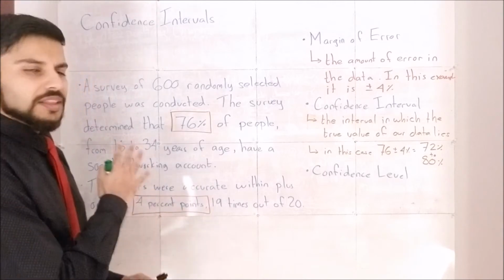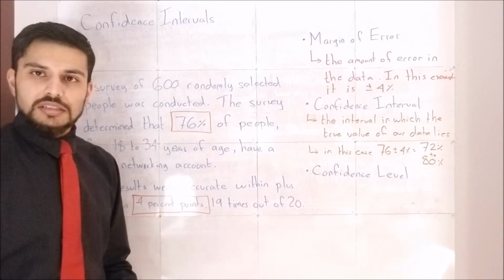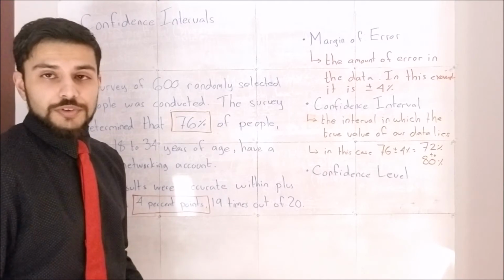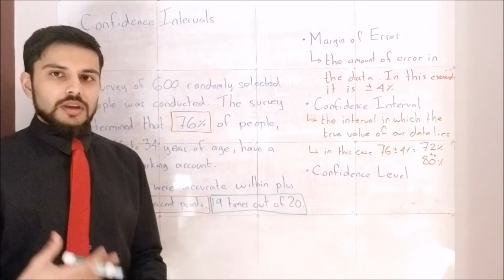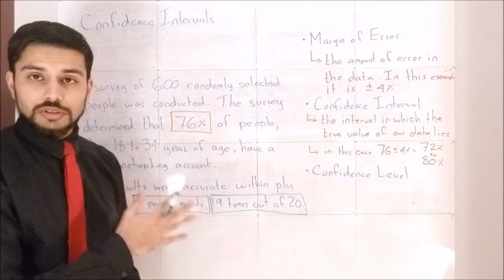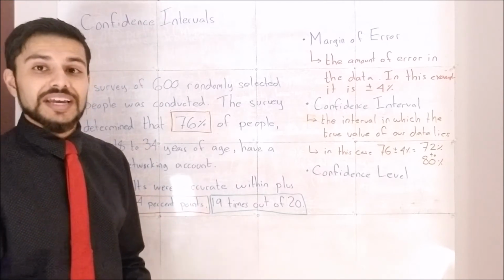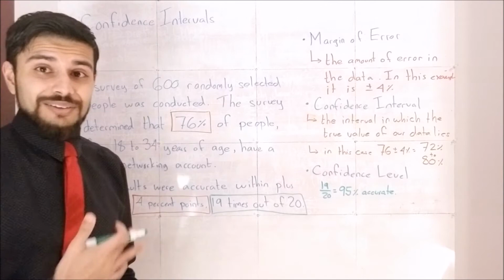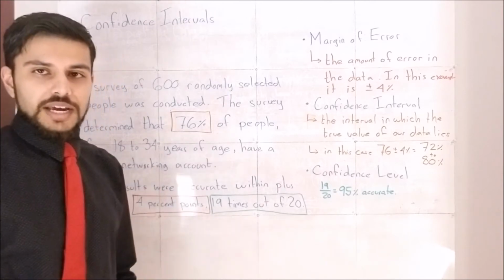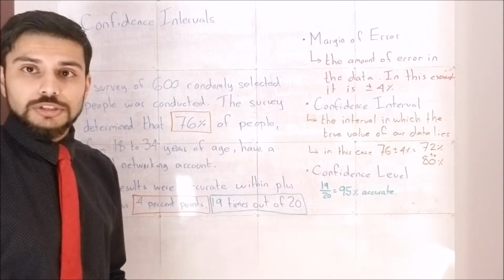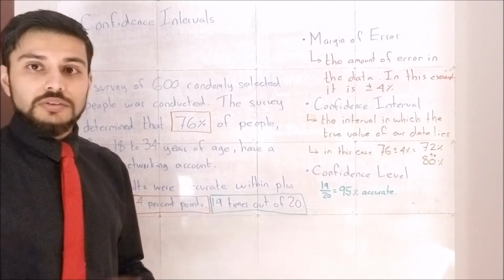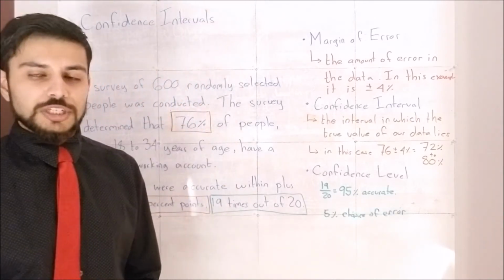What is the probability that there might be an error in the way that we've conducted this research? Well, they've given us a fraction to work with. They're telling us that the probability that this survey is accurate is 19 out of 20. Which is 95%. So we're 95% confident that our data is fair. It's good research. That also tells us, though, the inverse, which is there's a 5% chance of error.